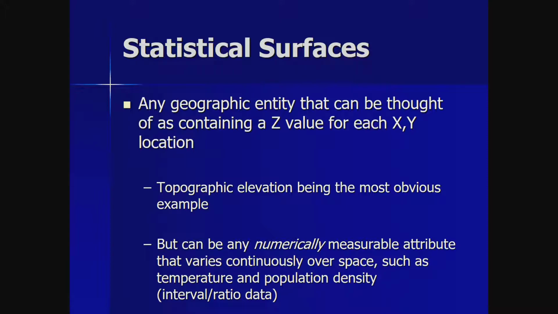But any measurable attribute that varies across space, like temperature and population density, can be interpolated. I say numerically, but we're going to cover non-numerical attributes as well. We can make statistical surfaces of even non-numerical data. Well, it actually has to be numerical, but it doesn't have to be interval ratio.